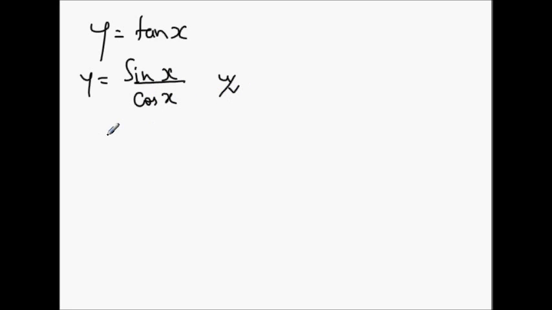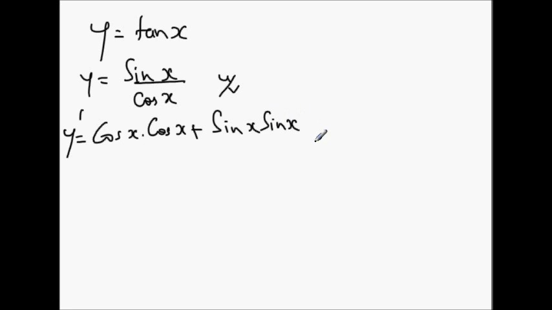Okay, what about tan x and cot x? What is the derivative of tan x? In this case, tan x should be taken as sin x over cos x, and again you need to use the quotient rule, which would be cos x times cos x minus sin x times the derivative of cos x, which is minus sin x, therefore plus sin x, over cos squared x.